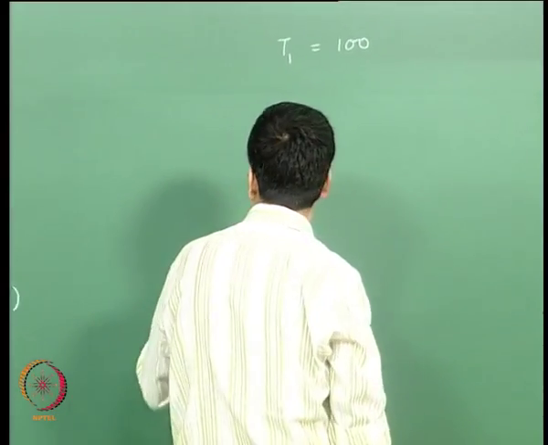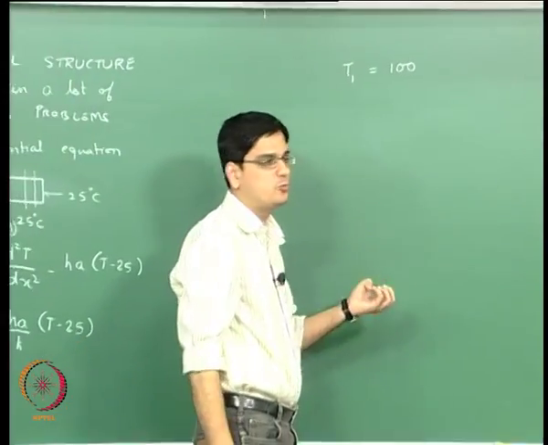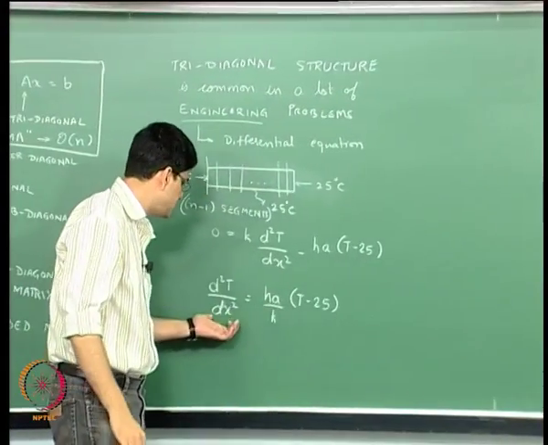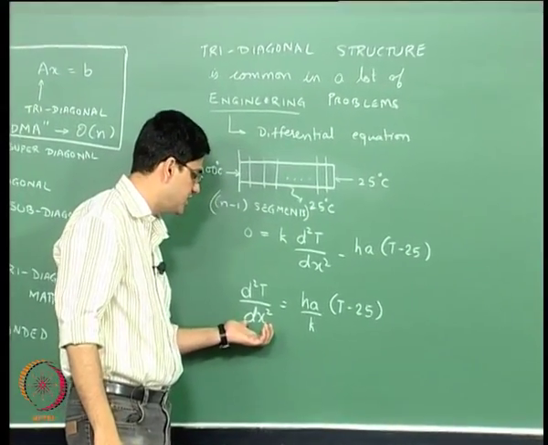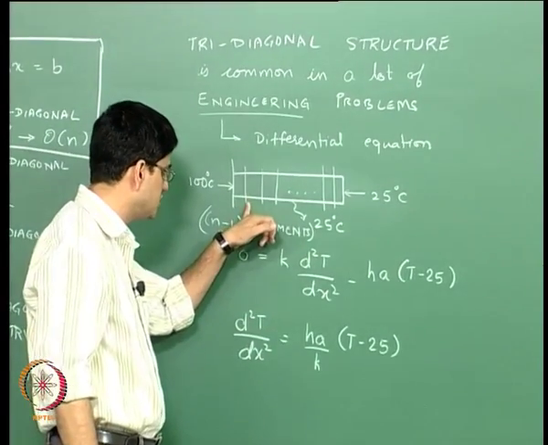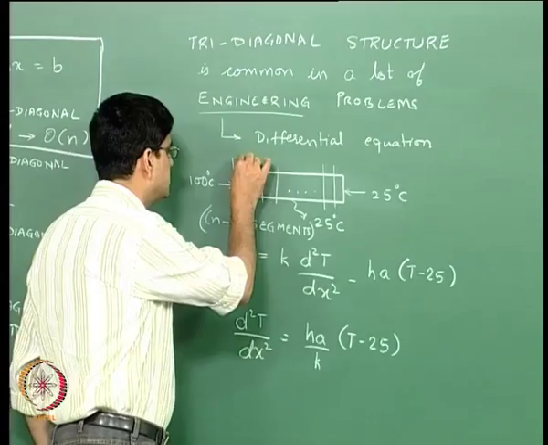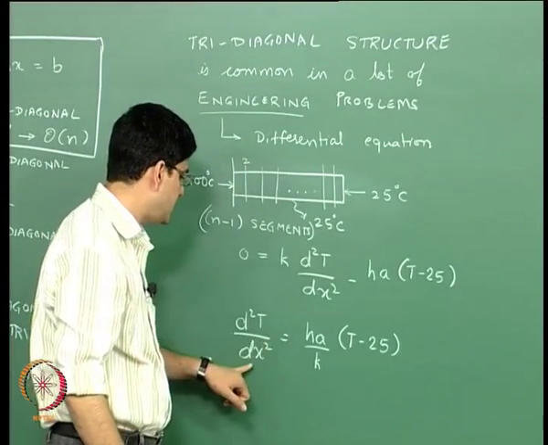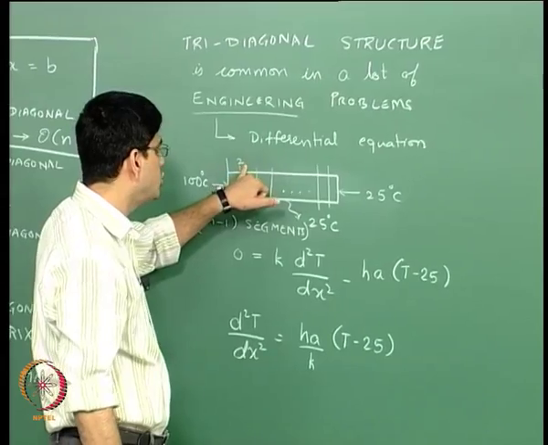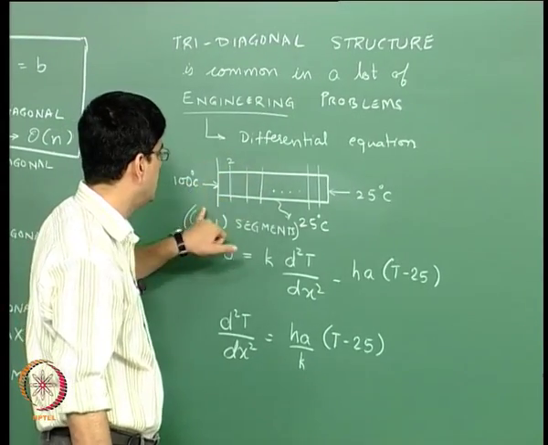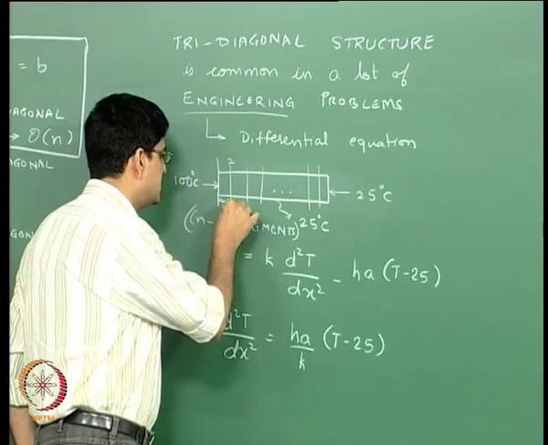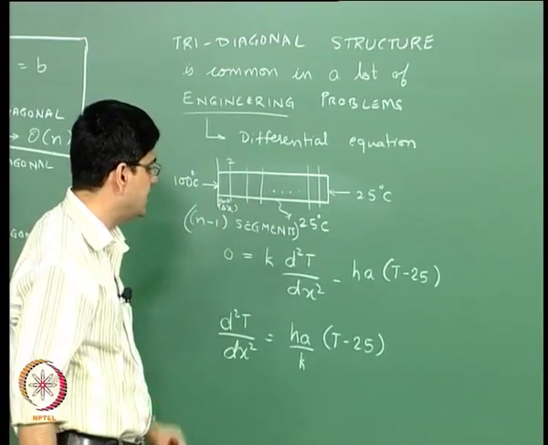Okay, for our second segment we are going to use basically this equation, and we are going to expand it using the numerical derivative definition at this particular location. So if this location is location 2, then d square T by dx square is going to be T3 minus 2T2 plus T1 divided by, let us call this delta x, delta x squared.